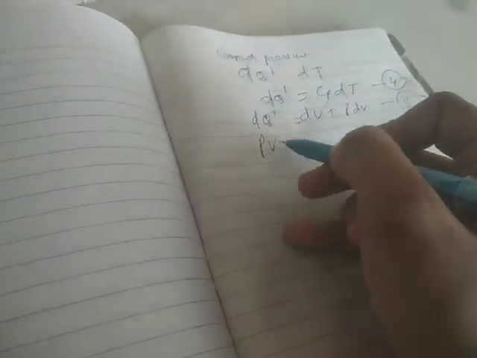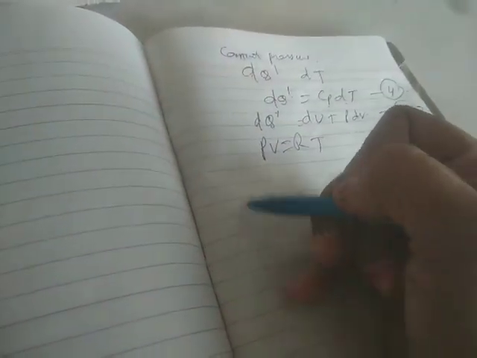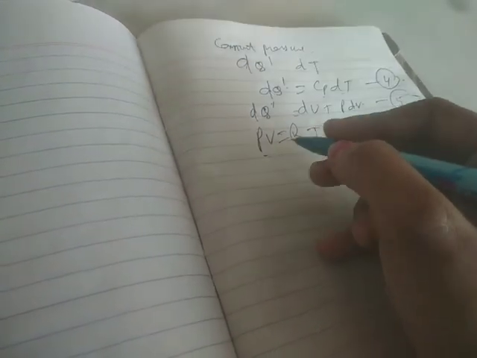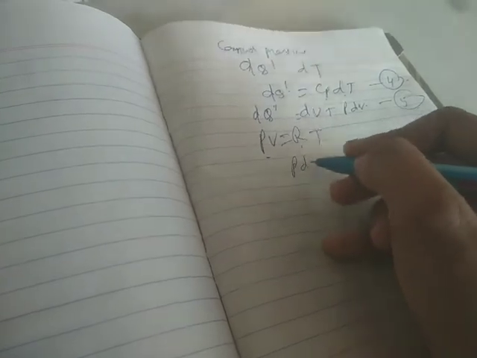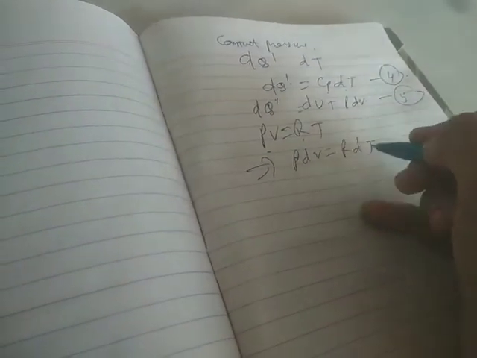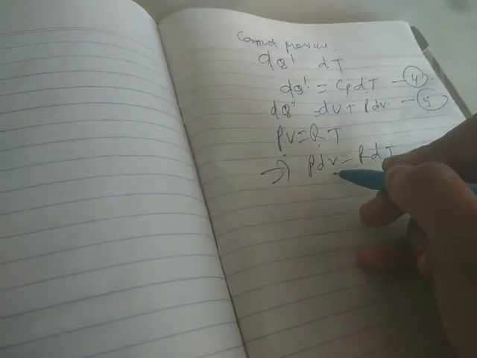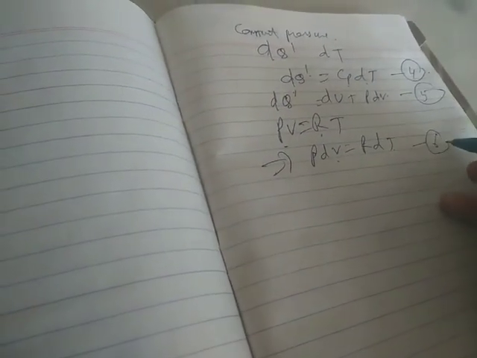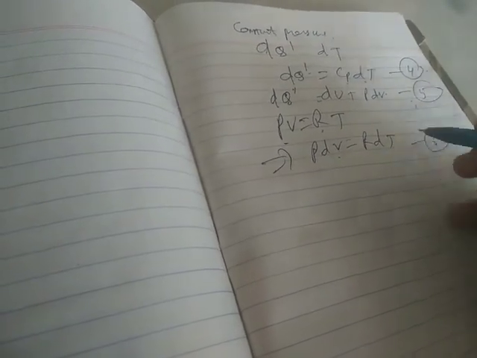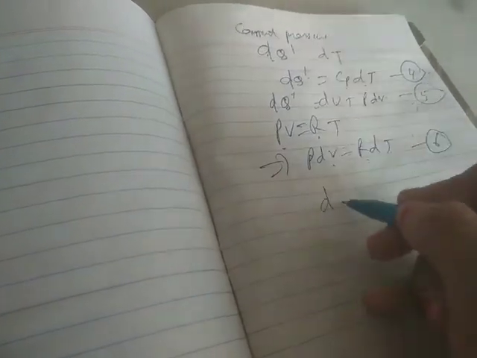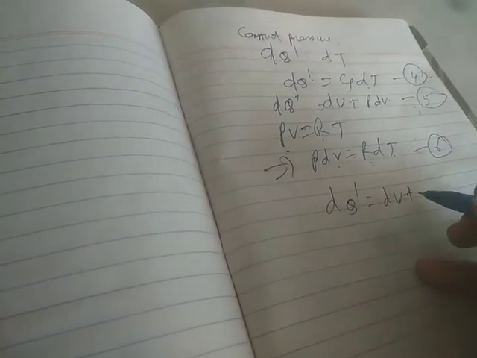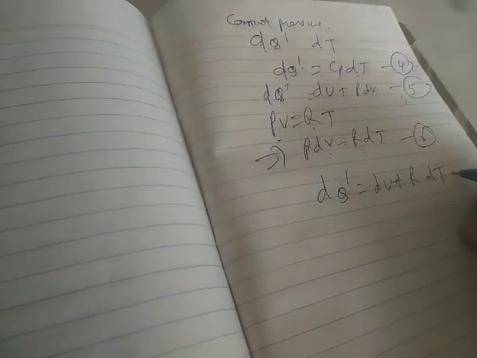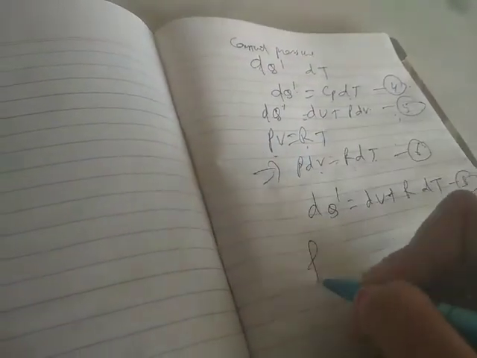Now we know that pv is equal to rt, here pressure is constant. Clear? r is also constant, so p dv will be equal to r dt. This is equation number 6. Now from 5 and 6, dq dash is equal to du plus r dt. Let this be equation number B.